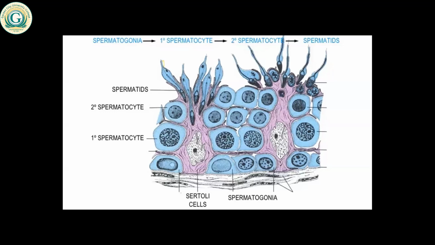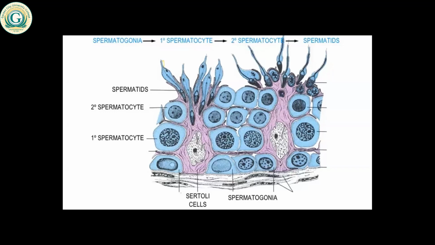Okay, so the primary cell that produces sperm cells is called the spermatogonia cell. But inside the seminiferous tubule, it's not only the spermatogonia cell, there's another cell called the Sertoli cell. Sertoli cells protect, feed, cover, and form compartments for the spermatogonia cells. I'm taking that again.